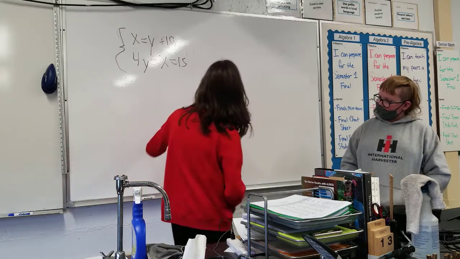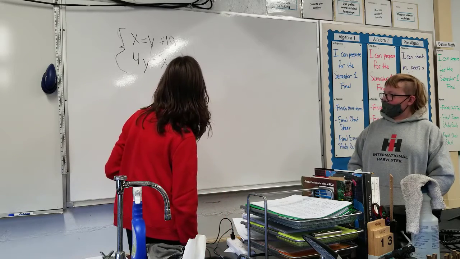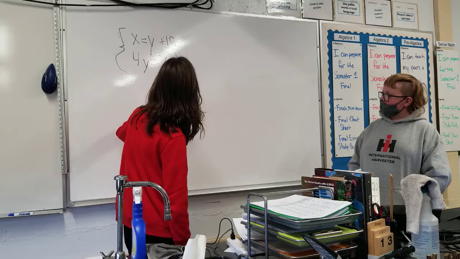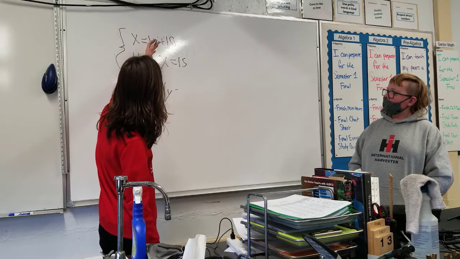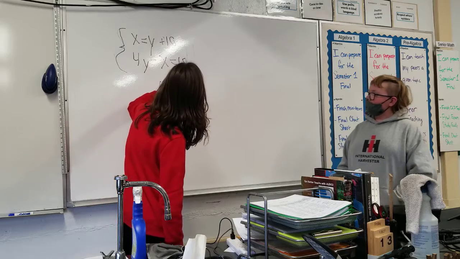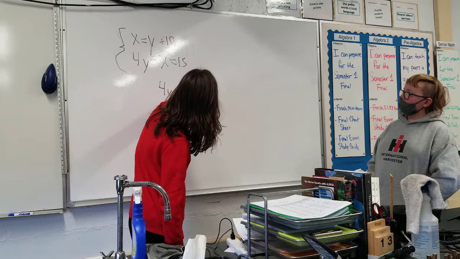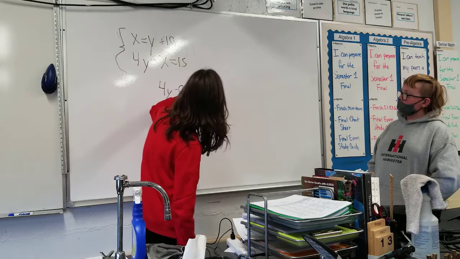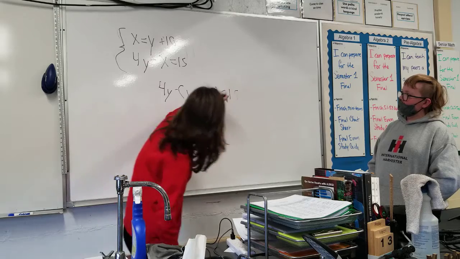So you got your 4y. And instead of just putting minus x, since here it says x equals y plus 10, you would put 4y minus y plus 10 from the top equation equals 15.